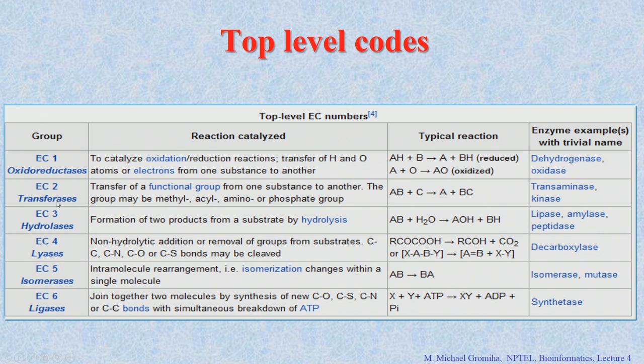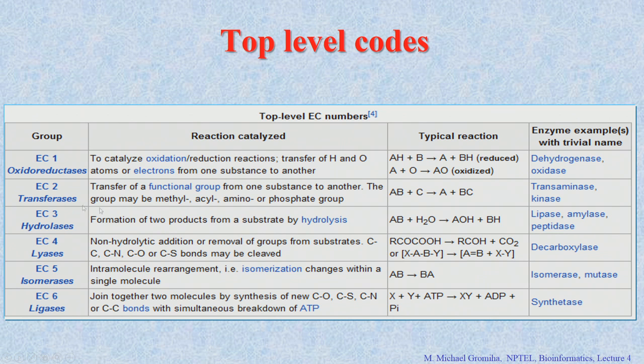If we are given EC2, immediately we know that the enzyme belongs to transferases. If it is EC1, it is oxidoreductase, which catalyzes oxidation or reduction reactions. Examples are oxidase and dehydrogenase. Here AH plus B gives A plus BH, where one is reduced and the other is oxidized.